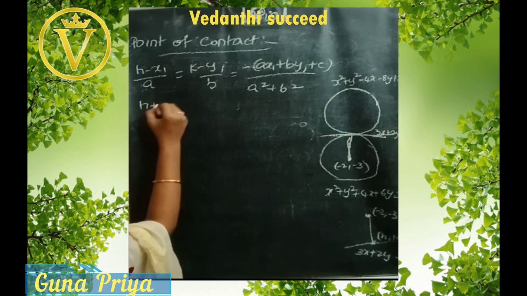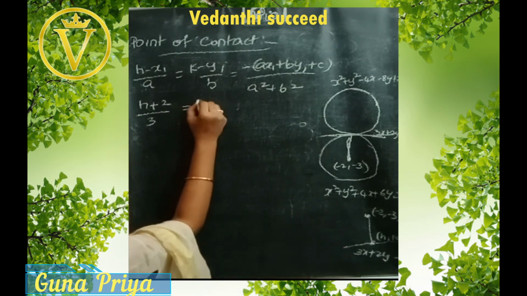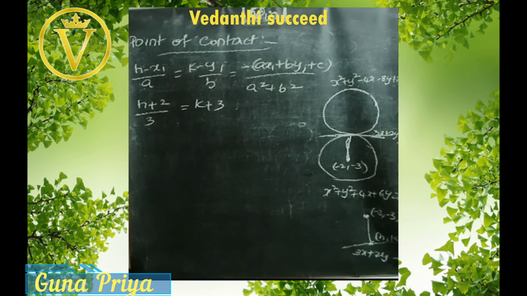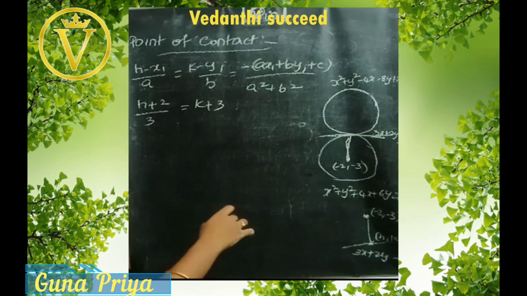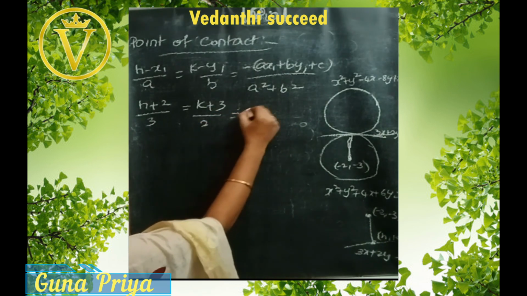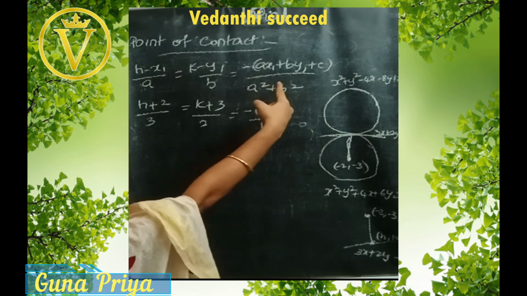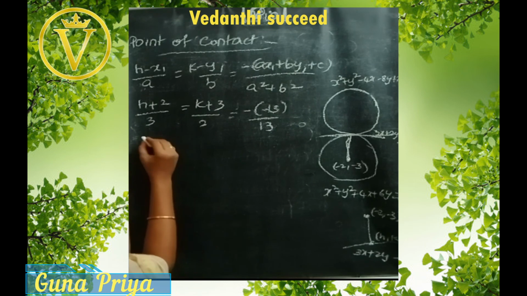So (h plus 2) by 3, from this only. Don't confuse where these points are, where the madam has written the equation, what is a. This only. You have to substitute. I have already substituted before, that only I have written directly.